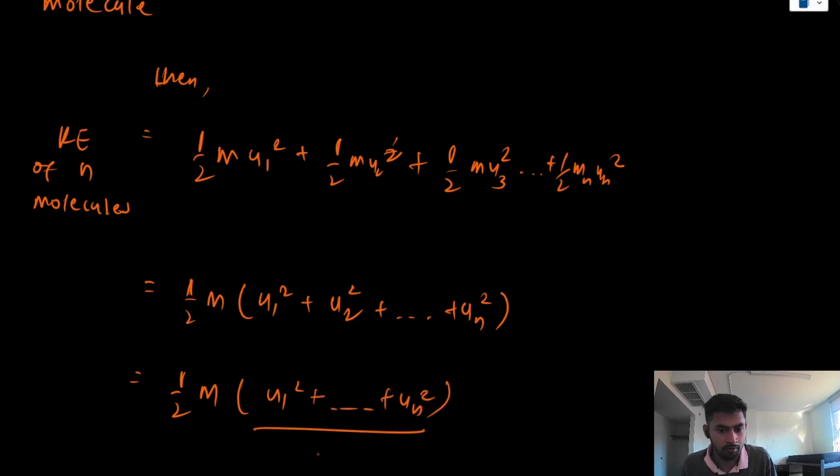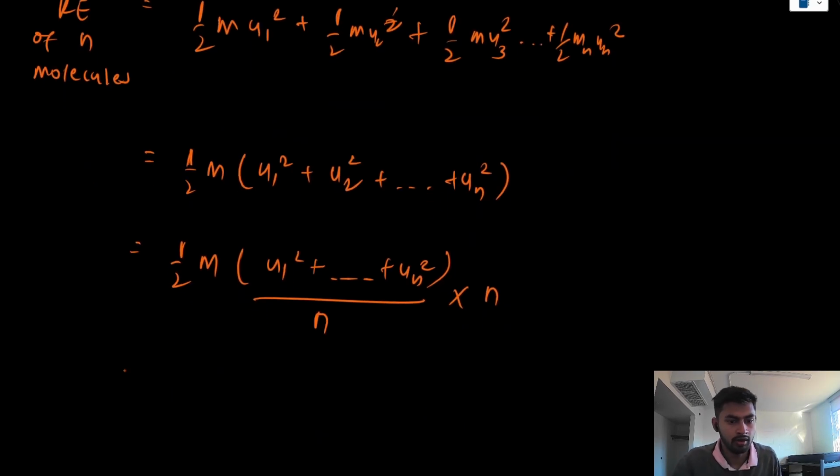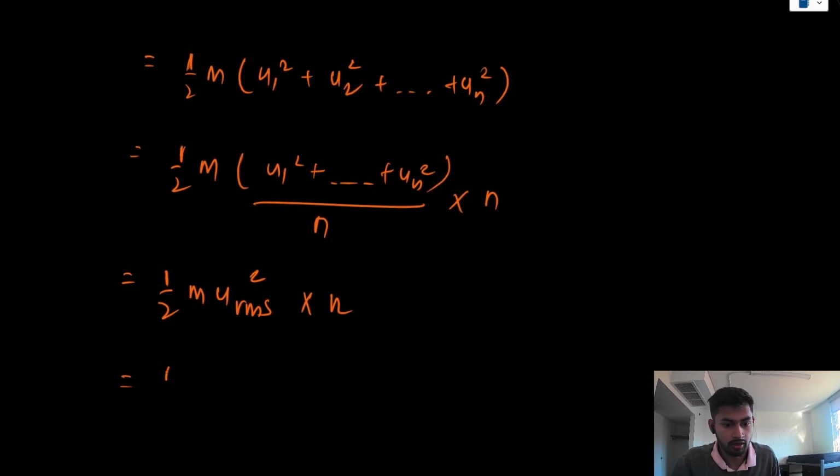So if I multiply it by n and divide it by n, then what we would have is URMS squared times n, which is kinetic energy of n molecules.